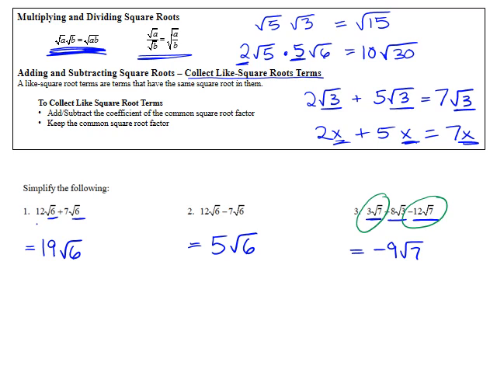I said add. You can think about adding them with 3 being positive and negative 12 being negative, or you could also think about subtracting. And then the last term is just a separate term unto itself, so we'd say plus 8 square root of 3. So there's some examples of adding and subtracting and simplifying using the rules for collecting like root terms.